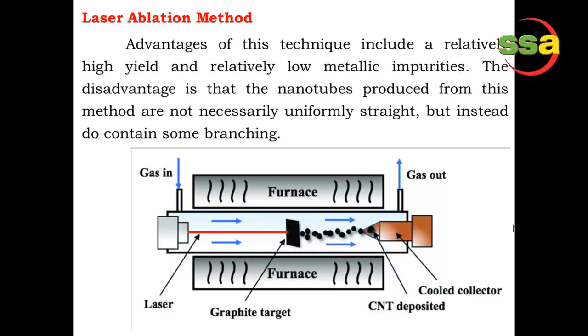Let us see here. This is the furnace, and here this black sheet-like material is nothing but a graphite sheet, that means a carbon sheet. When a powerful laser, see the red line, falls on this graphite sheet, then the graphite gets evaporated.